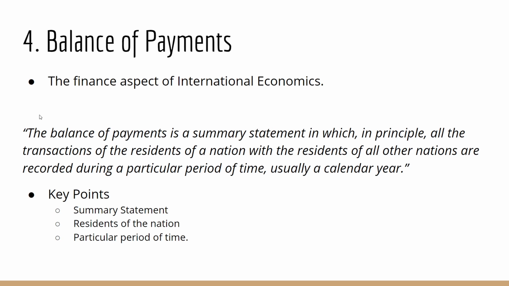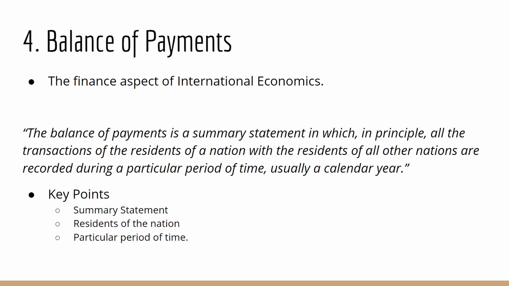So the balance of payments is a summary statement. Okay, this is part 1, summary statement. Why do we call it the summary statement? Because all the people of India, around 1.7 billion, if I'm not wrong, I think it's 1.3, I'm not sure, but the 130, 140, 170 crore, that's the population of India, all of these people are transacting with different relatives and friends and different people all across the globe.